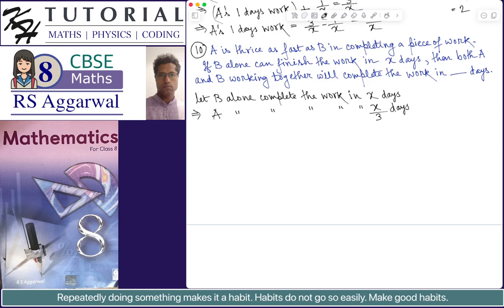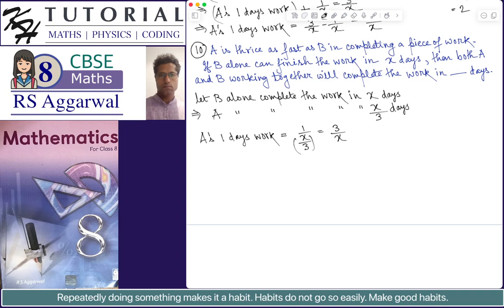So we can now say that A's 1 day's work is equal to 1 by X by 3, which is equal to 3 by X using the first rule. The first rule says that if a complete work is done in n days, then the amount of work done in 1 day is 1 by n.